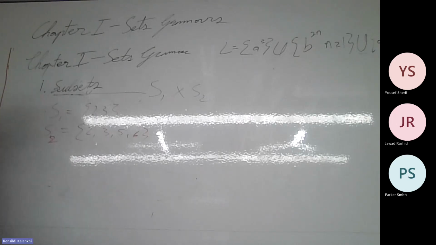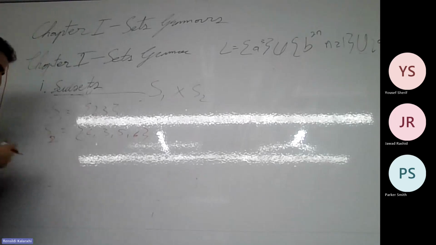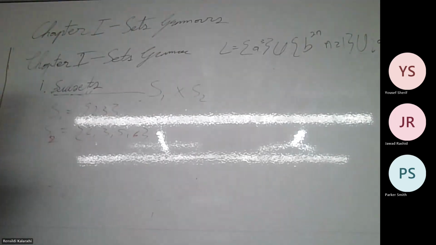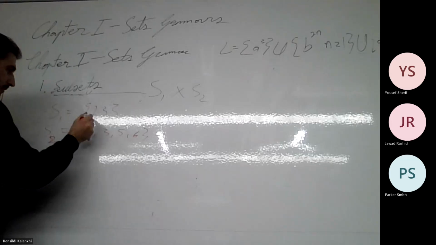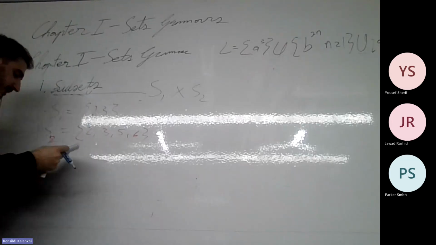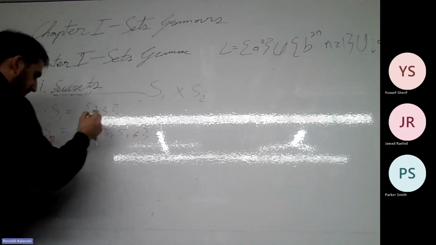So basically, it probably works just like cross product. Since the 2 doesn't multiply with anything, it just creates other elements.